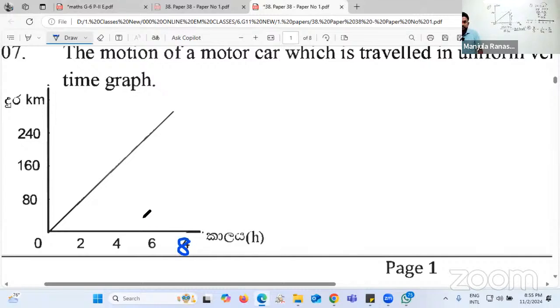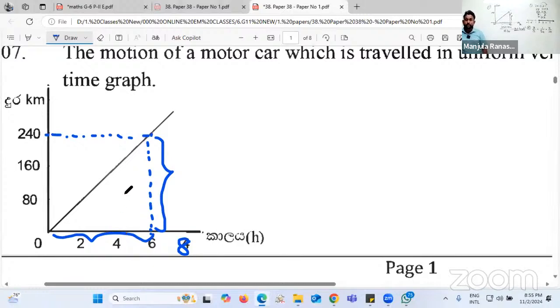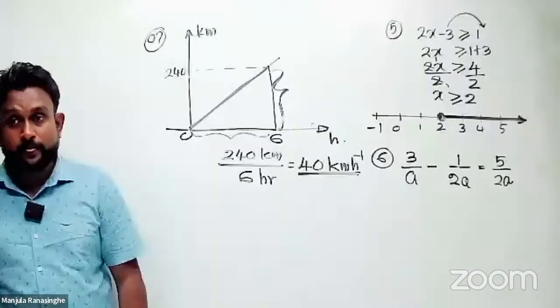Okay, when you connect 240 to the line and to the x-axis, that is nearly 6 hours. Take 240 kilometers, divide by 6 hours, then that is 40 kilometers per hour speed. Okay, fine.